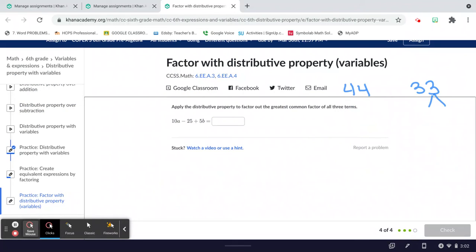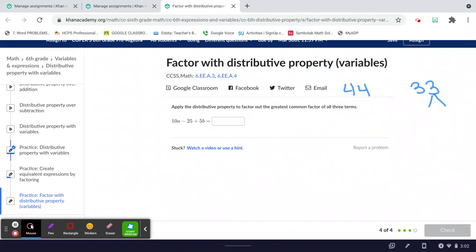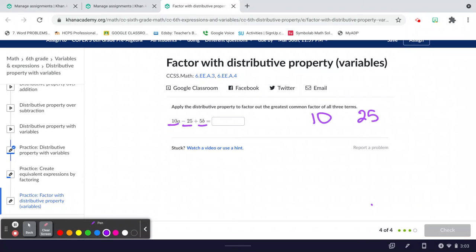Let's see if we can distribute this thing here. Do some factoring. Let's clear the board. Okay, so since I have three numbers this time, I have to break down all three of them to find the greatest common factor. Let's see, I have a 10, I have a 25, and I have a 5. I know that 10 is equal to 2 times 5. 2 and 5 are prime numbers.